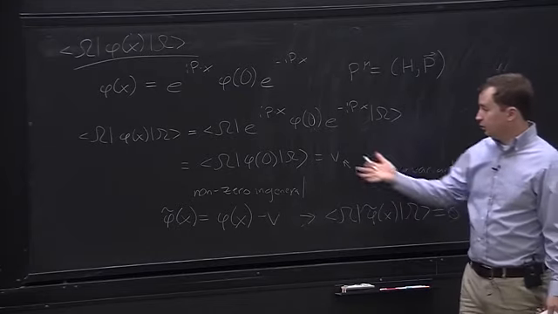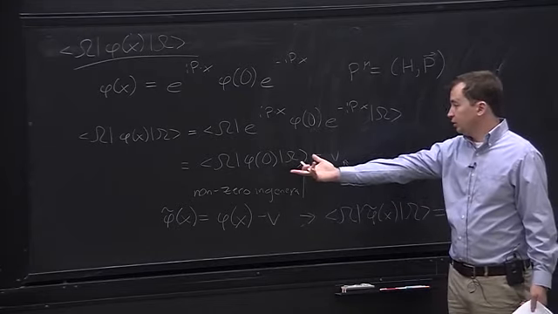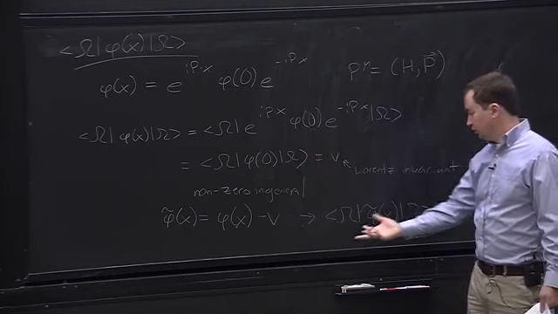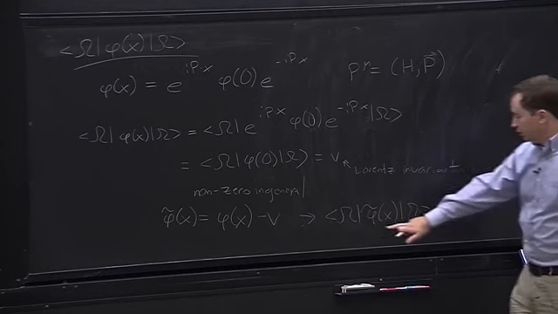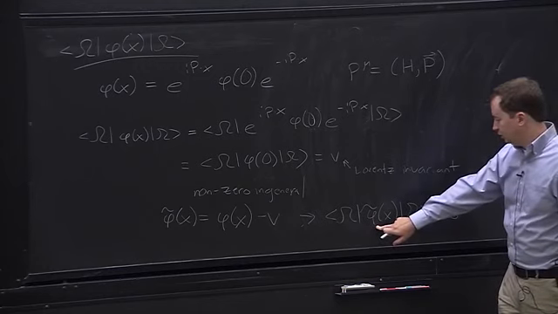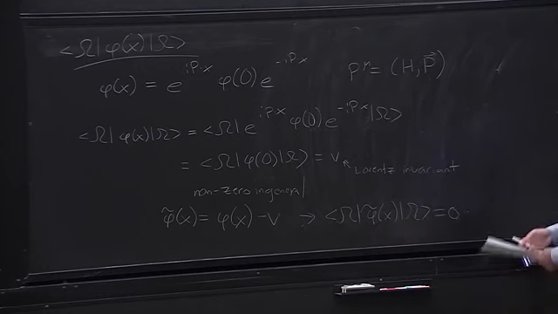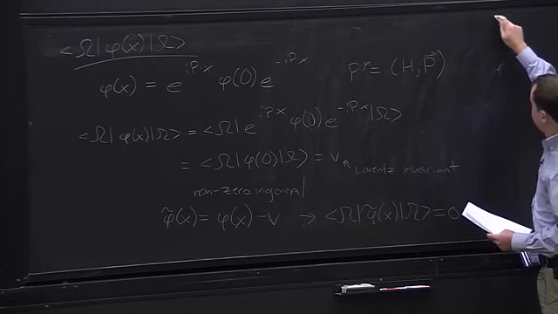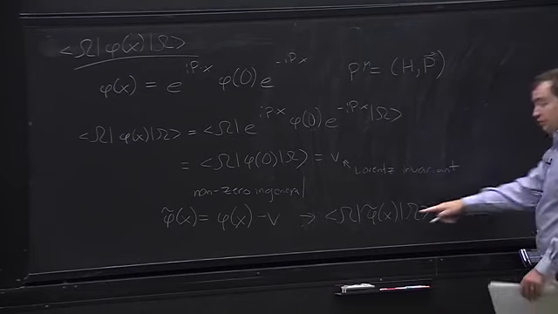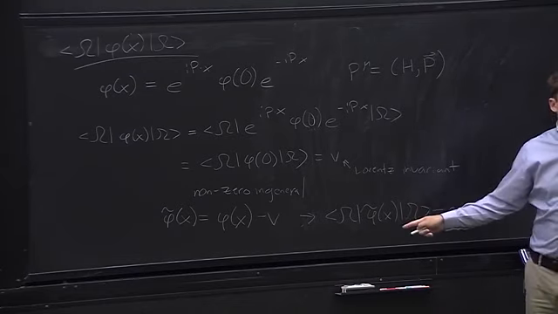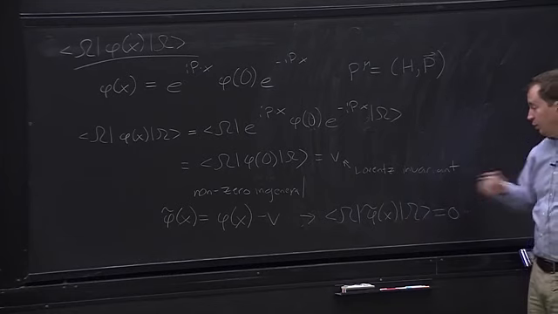No matter what the VEV of our original field is, we can always shift things to give ourselves a new field, which at least potentially can create a one-particle state. And so from now on, we'll drop the tilde and just assume that we've shifted things so that our fields have zero VEV.